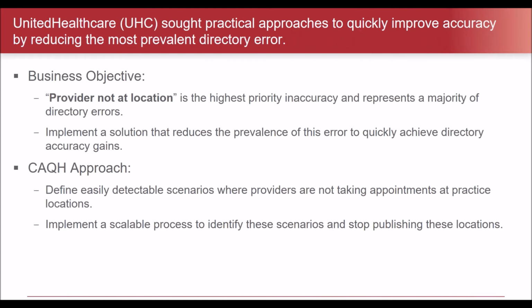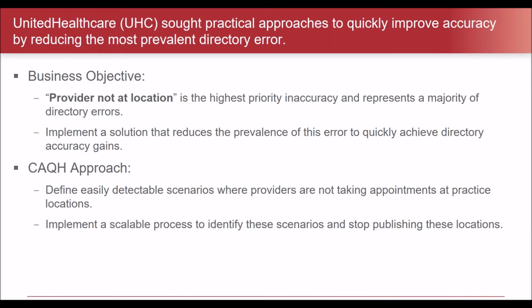So what I wanted to go through is a brief case study of how United Healthcare has collaborated with CAQH in utilizing a lot of the data and outcomes that we just previously discussed to get some good outcomes. Just as some background, United Healthcare was an early adopter of the CAQH DirectAssure platform. They've been using the system for nearly 2 years now.